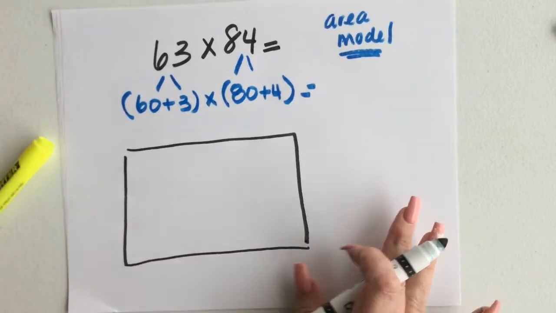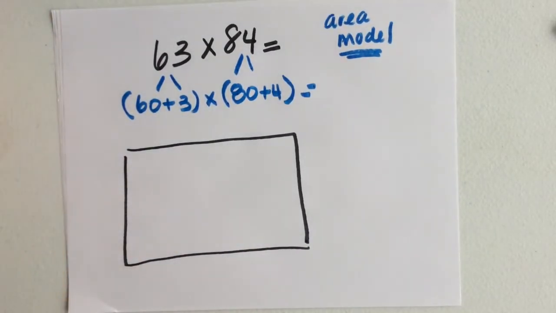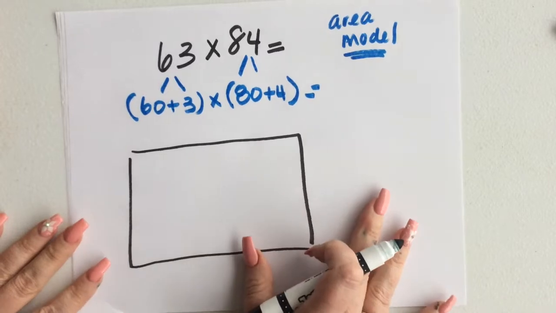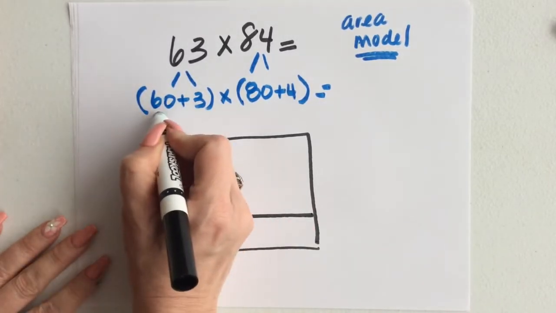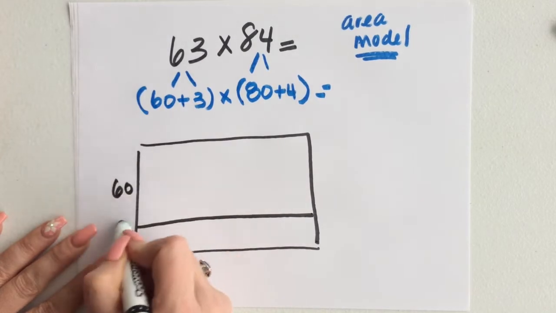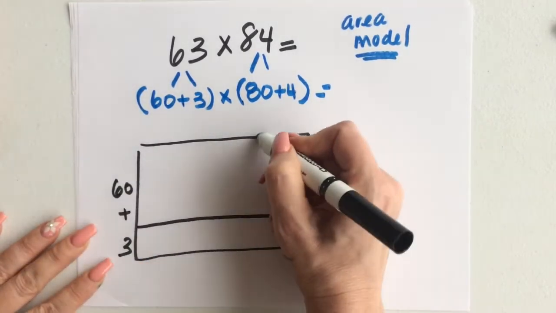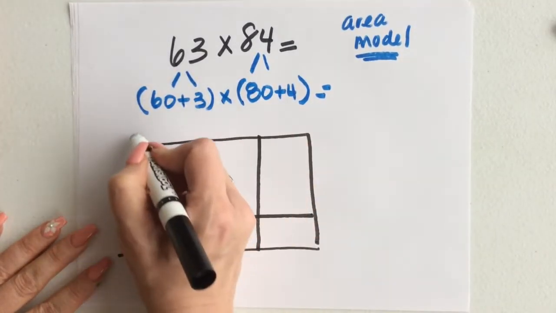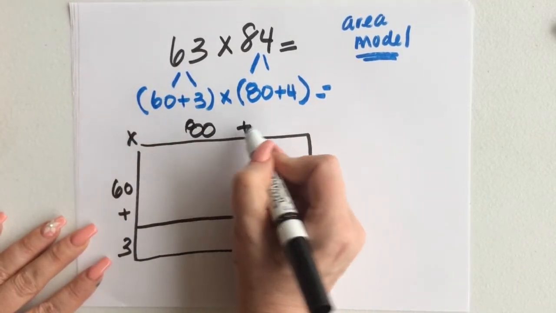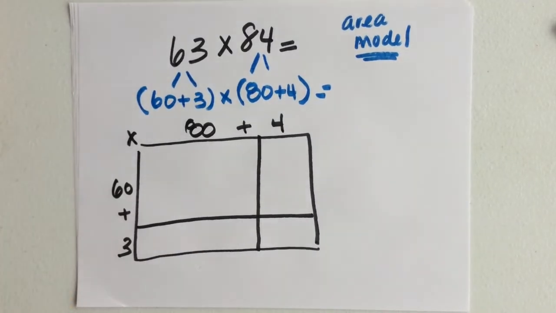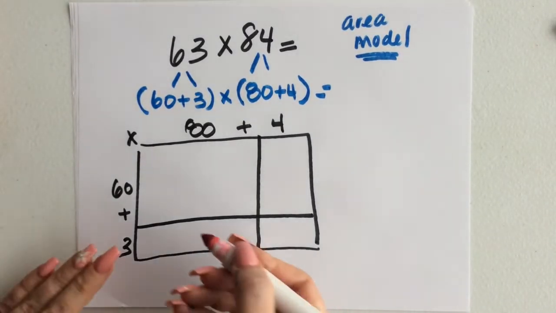It doesn't have to be perfect, but I do have to label my pieces. So I know I have 63, so 60 plus 3 times 80 plus 4. So I'm all labeled, and now it's time to multiply each section.